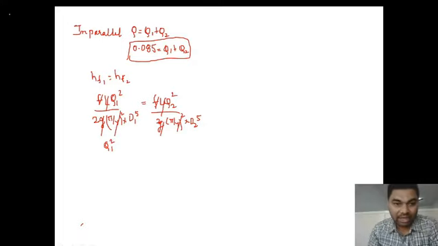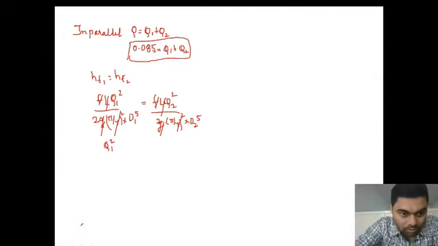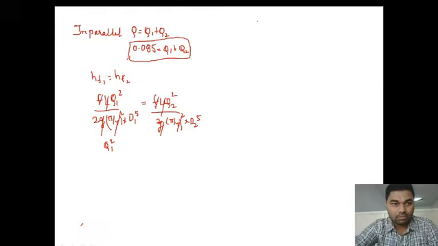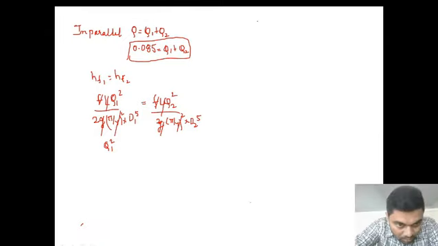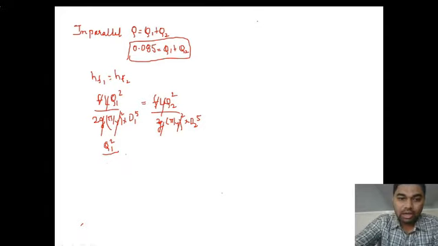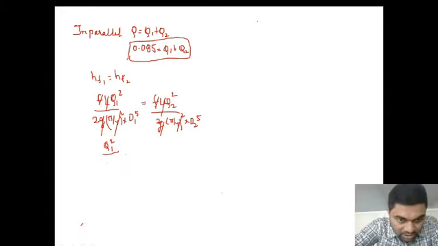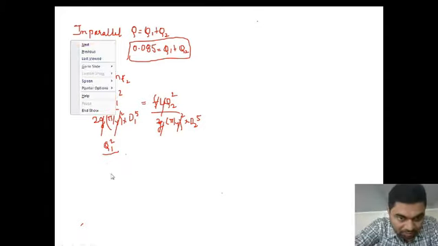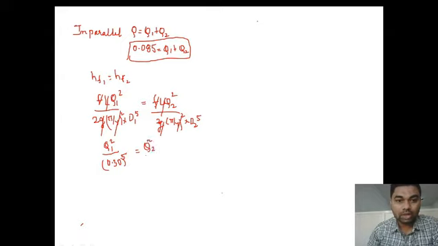Q1 square by the diameter of pipe 1, 0.3 whole to the power of 5, is equal to Q2 square by the diameter of pipe 2, 0.15 whole to the power of 5.